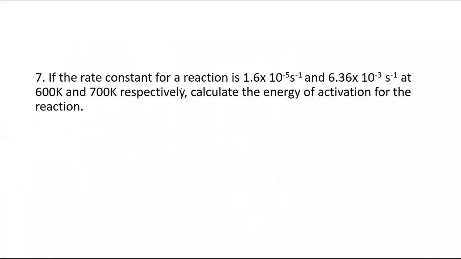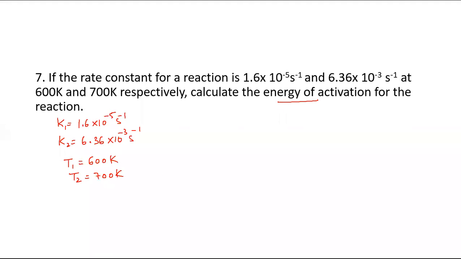If the rate constant for a reaction, that is the first one, is 1.6 into 10 to the power of minus 5 per second, and K2 is 6.36 into 10 to the power of minus 3 per second. The temperatures are 600 Kelvin and the final temperature is 700 Kelvin respectively.